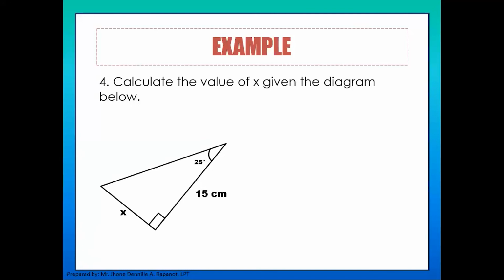So putting all of these values into the tan equation, what we have here is tan 25 degrees, that is the value of the angle theta, is equal to x divided by 15. Why? This is your angle theta. We have to get the value of x, so opposite, and the position of this 15 centimeters leg is adjacent to this angle theta. That's the reason why we have to use the equation for tan.